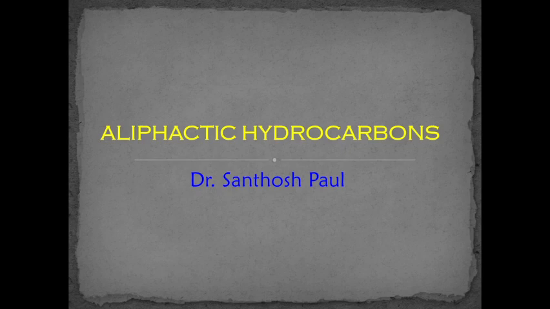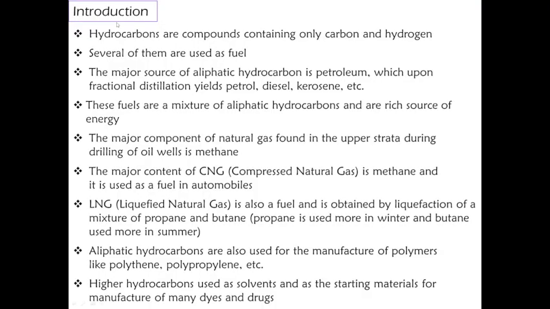You will be knowing all these things, but just to refresh your mind, hydrocarbons are compounds containing only carbon and hydrogen, and several of them are used as fuels. As you know, hydrocarbons can be used as fuels like kerosene, petrol, diesel. All these are mixtures of hydrocarbons, and depending on the number of carbon atoms, these are classified.